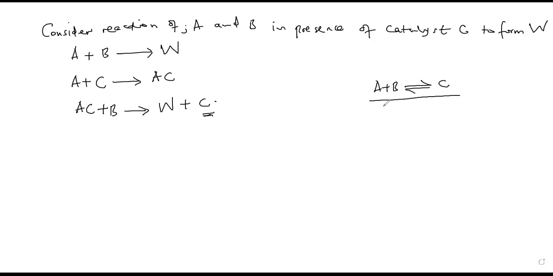So the rate of the forward reaction with a catalyst will be the same as the rate of the backward reaction. Backward reaction is C decomposing or dissociating into A and B. So catalysts catalyze both forward and backward reactions to the same extent.